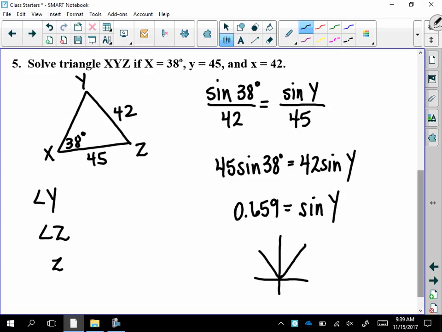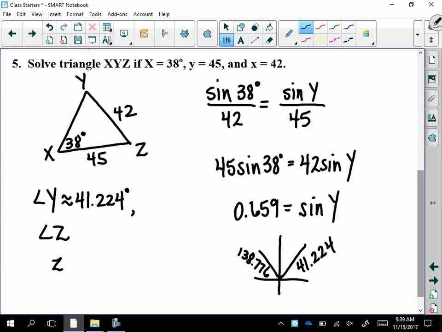What's the inverse sine of 0.659? 41.224. Okay. There's one answer for angle Y. And the other one is what? 138.776.